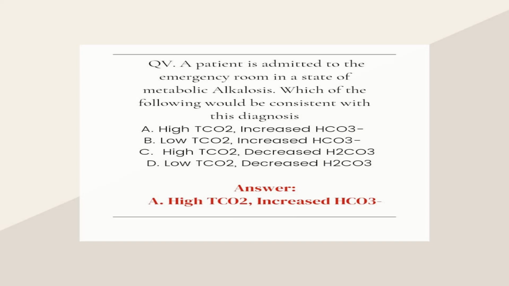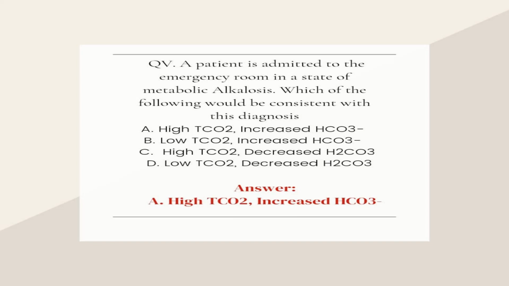So the lung can compensate immediately during metabolic states. In metabolic alkalosis, the lung will compensate by retaining carbon dioxide, and that of course will contribute to the increased concentration of total carbon dioxide in blood.